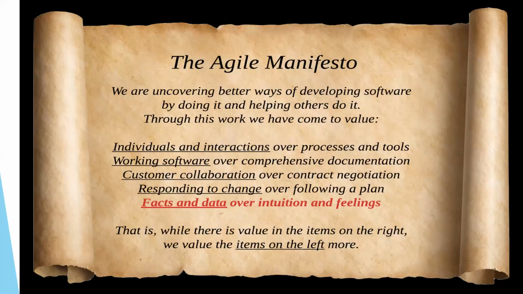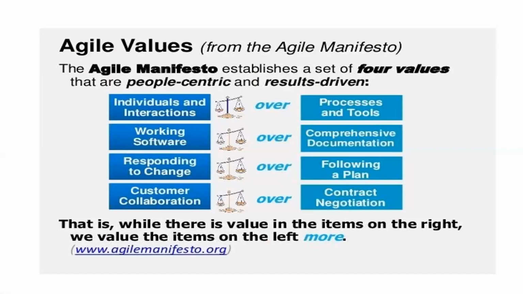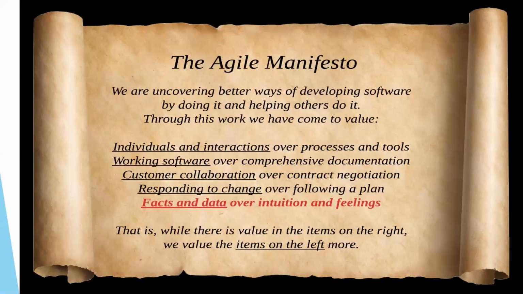So that is the outcome of that gathering, and that is what we call the Agile Manifesto. This is the background, like a Bible, that now gives direction to all the Agile methodologies, of which Scrum is part. I want us to look at something they said: while there is value in the items on the right, we value the items on the left more.